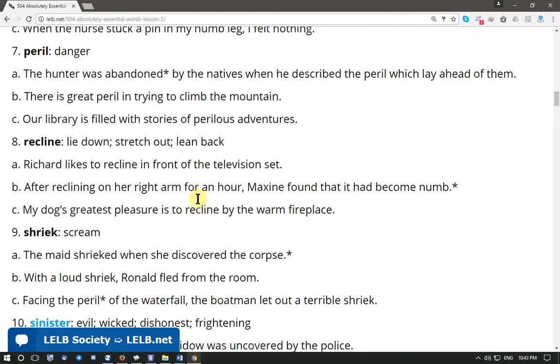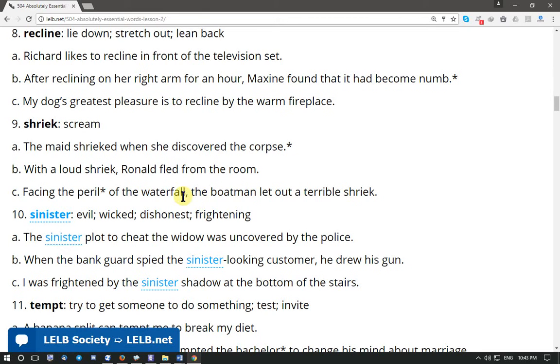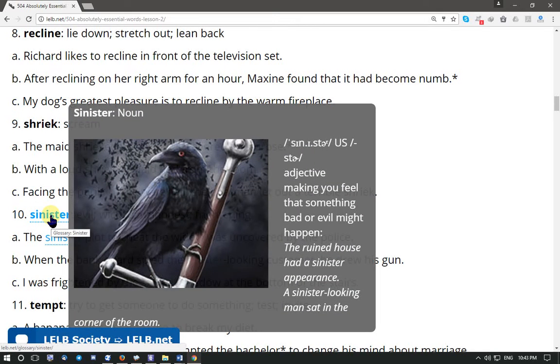In this unit, we don't have so many flashcards because I did not have enough time to create flashcards. Sinister. This is the photo of a crow. You know, that is a symbol of being sinister. Sinister means wicked, means evil.